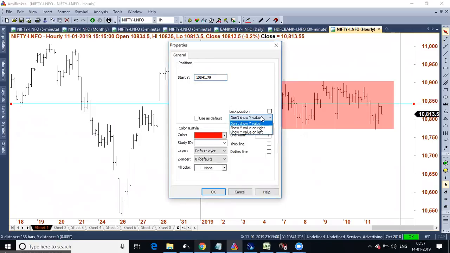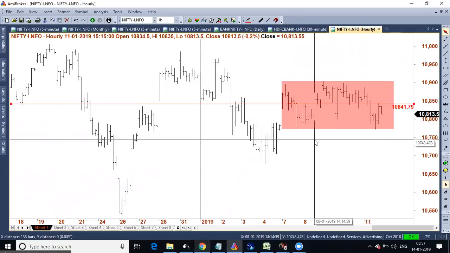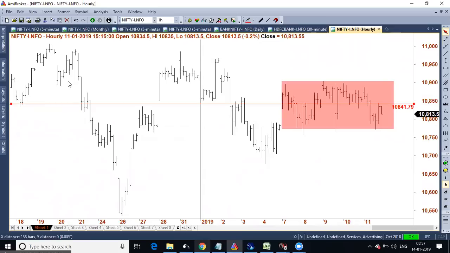For any uptrend to come in, probably anything above 10,841, the bias could turn positive on the upper side, as long as the price passes about 10,840 levels. In the short term, one can anticipate price going back to test 11,000 levels.